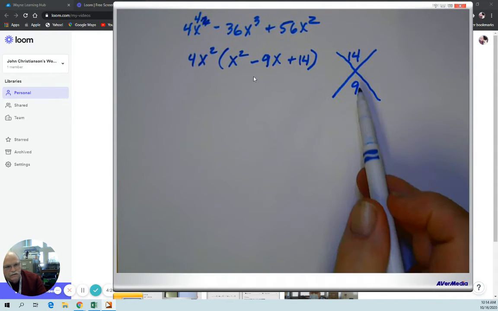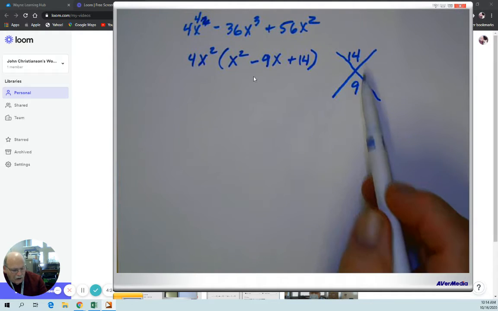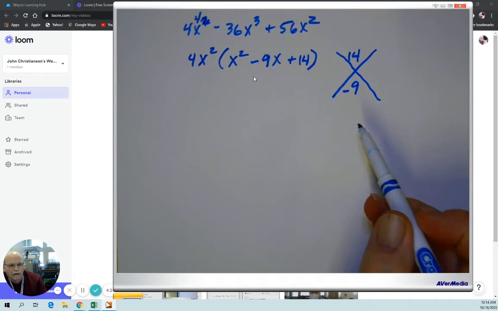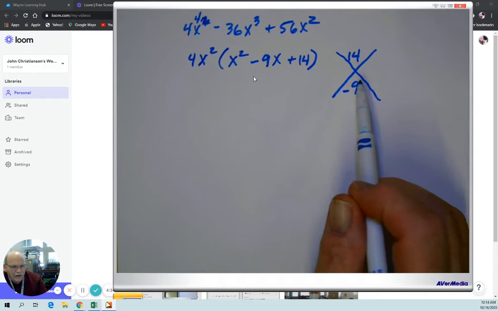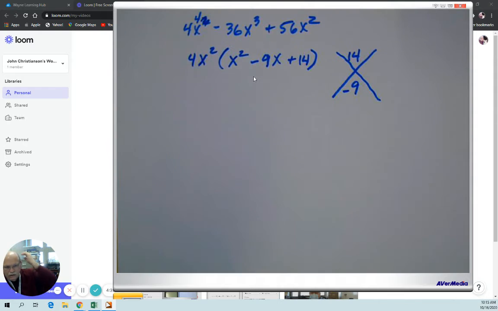If you use this kind of x factor thing, since it's positive 14 and the sum is negative 9, both of our factors will be negative. So all we have to be worried about right now is, what are factors of 14? Well, there's only 4 of them: 1, 2, 7, and 14.